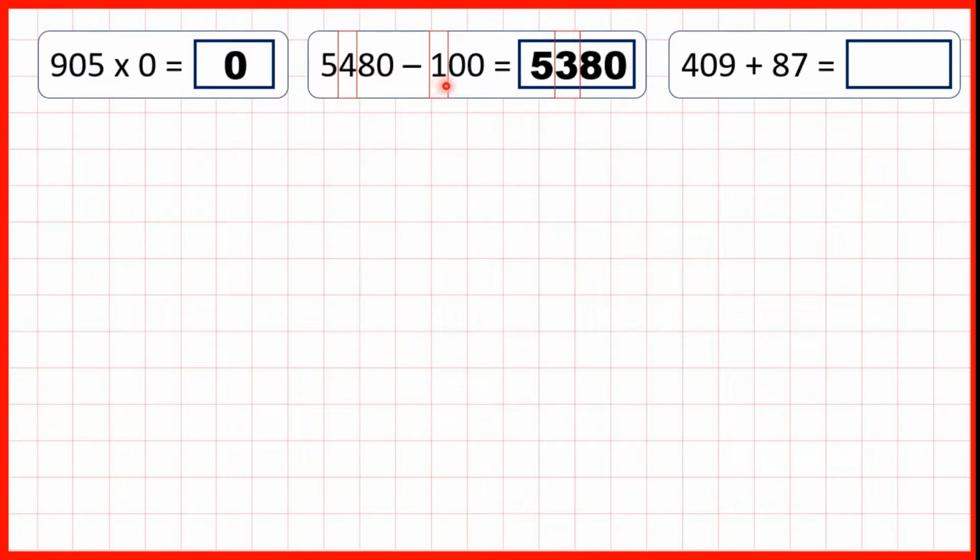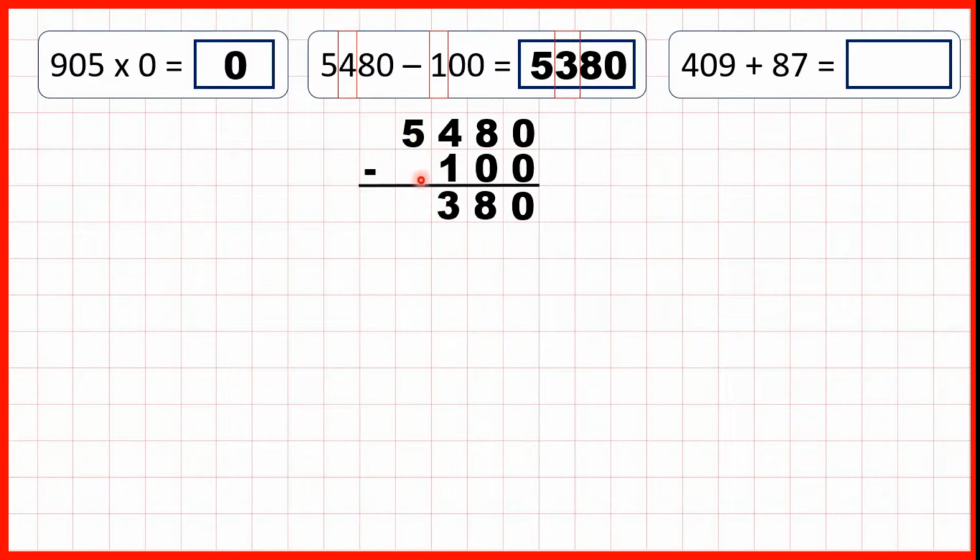So try to do questions like this mentally, but if you're not sure, you can always use column subtraction, making sure you've got the digits lined up on the right-hand side. 0 minus 0 is 0, 8 minus 0 is 8, 4 minus 1 is 3, 5 minus nothing is 5.